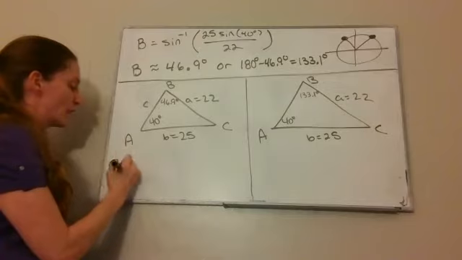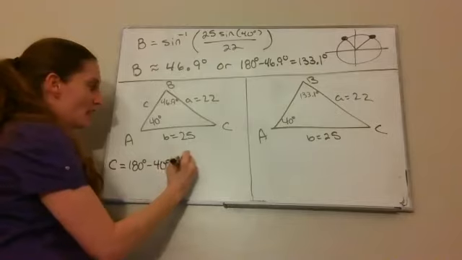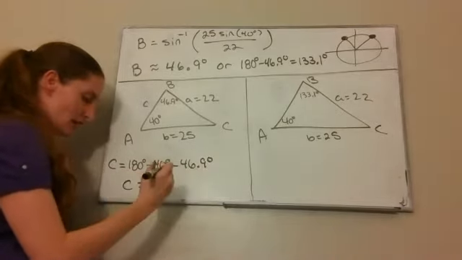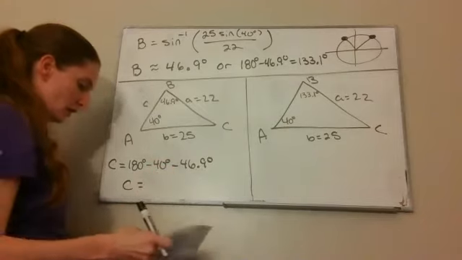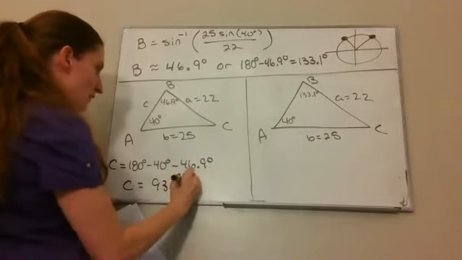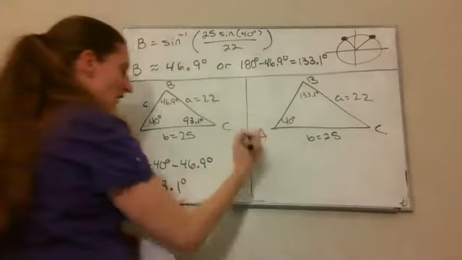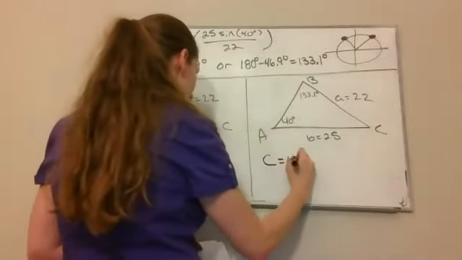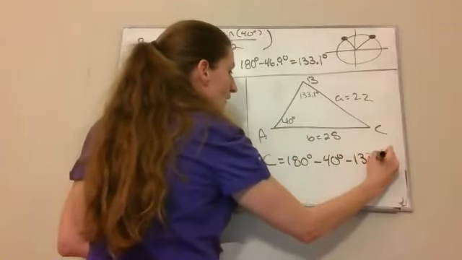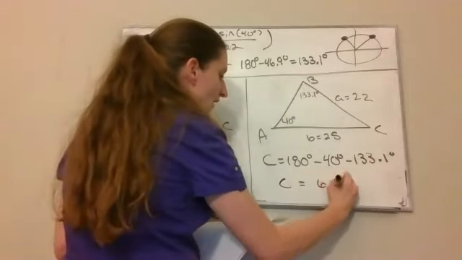So in this first triangle, angle C is equal to 180 minus my angle A minus my angle B, and I get that angle C is equal to 93.1 degrees. On the second version, angle C is 180 degrees minus 40 degrees minus 133.1 degrees. That angle C is equal to 6.9 degrees.